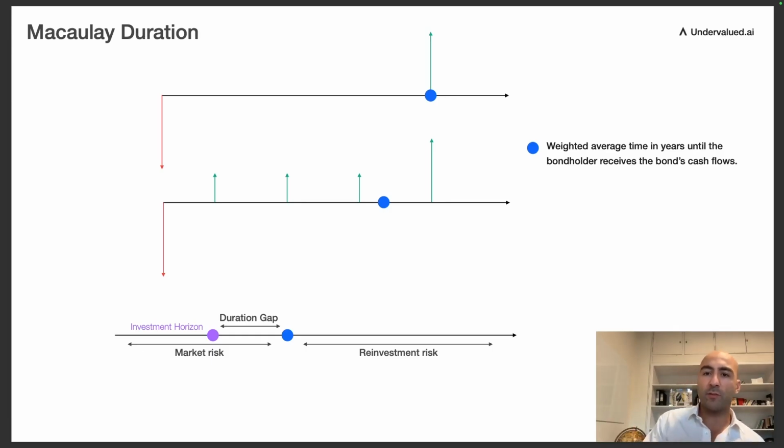So your return will be more sensitive to the price at which you sell the bond. You sell it at 6 years. So what really drives whether you're going to make a profit or not is your selling price. So this means that the market or price risk is dominating, right? This is the more risk that you're taking.